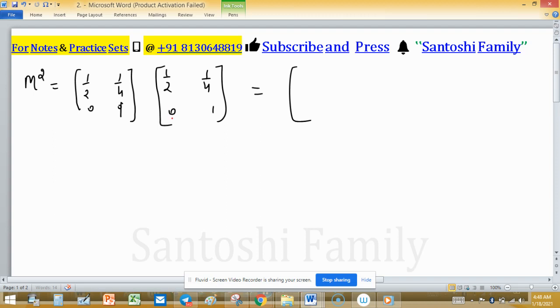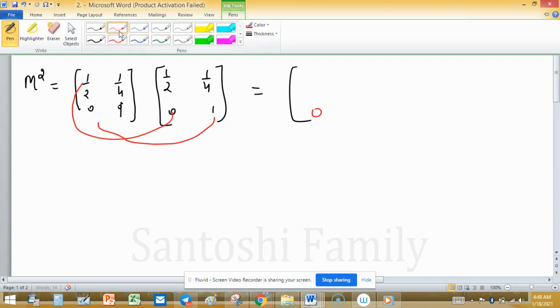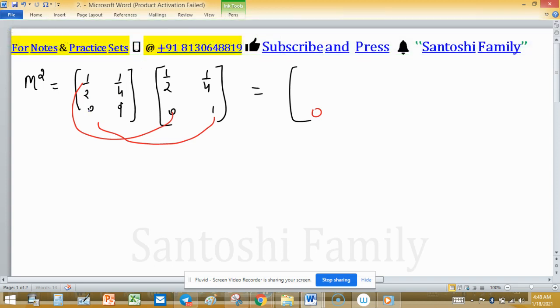The third entry will be 0, because 0 is here, so it multiplies here, and 1 to this number. Always we will get the third entry 0. How to obtain the fourth entry? 0 to this one, plus 1 to this one, so the fourth entry will be 1.